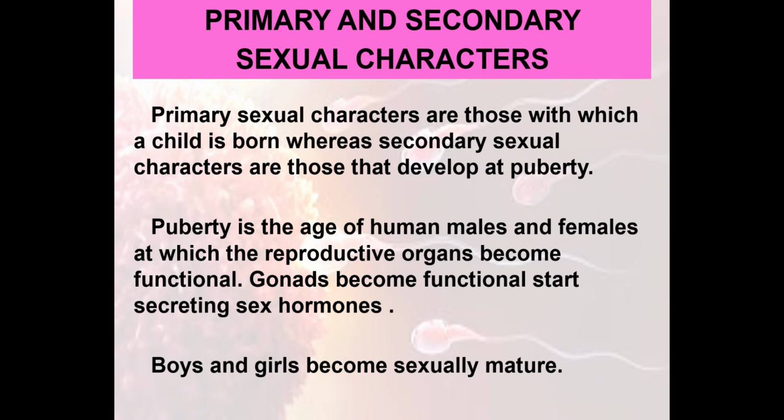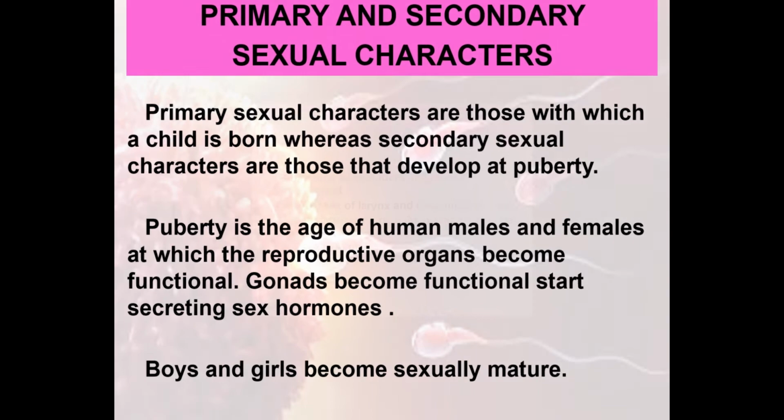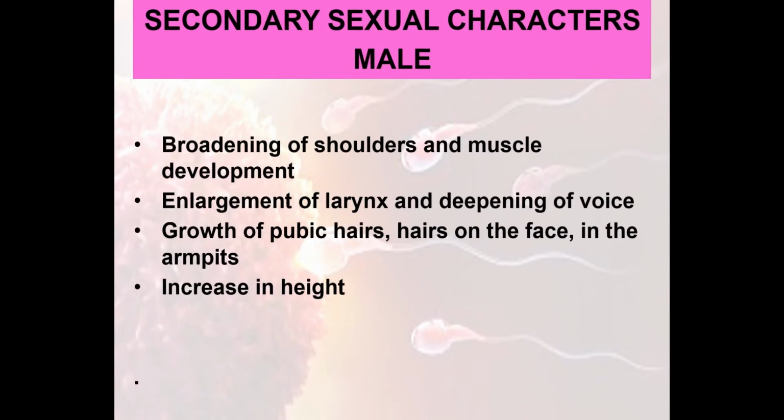This is the age in male and female at which the reproductive organs with which a child is born become functional and start secreting sex hormones. So now you can say at puberty, boys and girls become sexually mature.